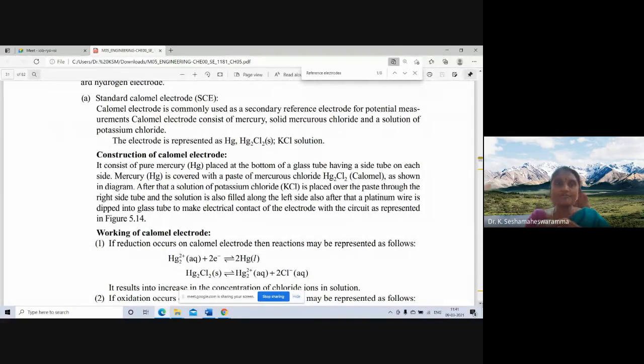It consists of mercury, solid mercurous chloride, and a solution of potassium chloride.